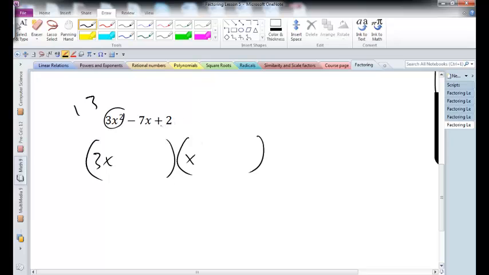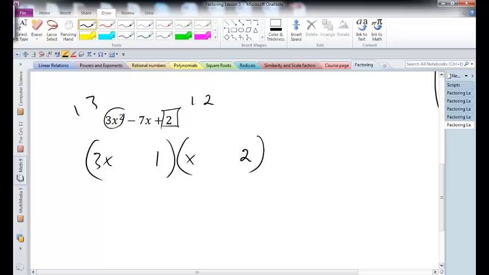The 2, if we break it into its factors, which are 1 and 2, will either go like this or like this.